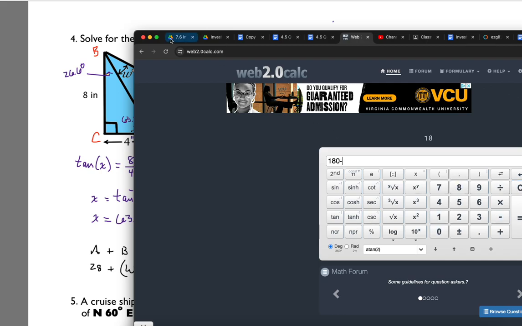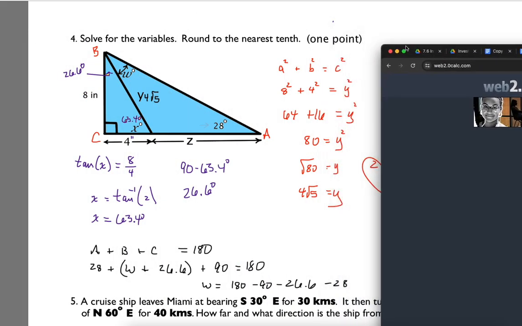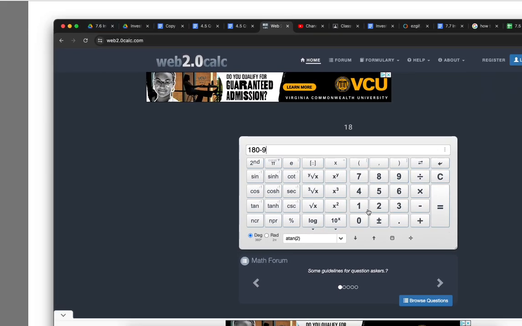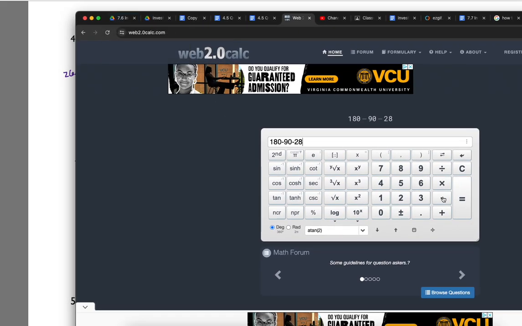So 180. You could do this by hand if you're not into the whole brevity thing, but let's 180 minus 90 minus, I feel like there's a 28 in there. 28, yeah, 26.6. I'm not doing this in order. 26.6.